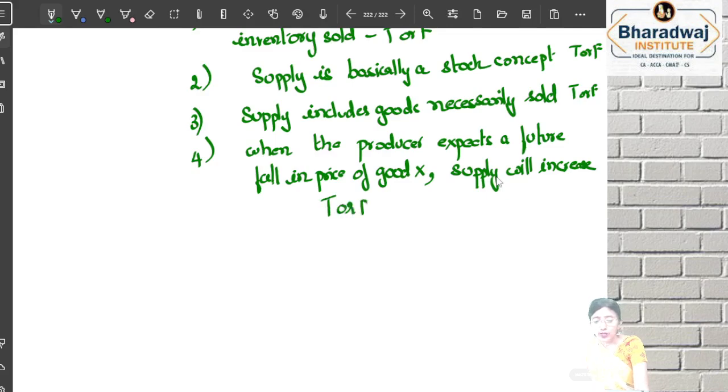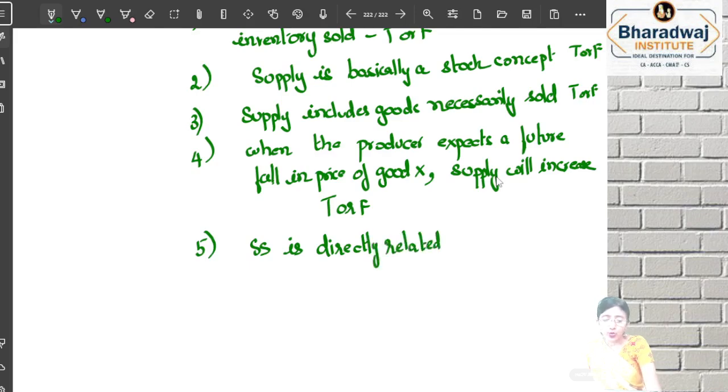True or false? Supply and cost of production. Supply is directly related to cost of production. True or false?